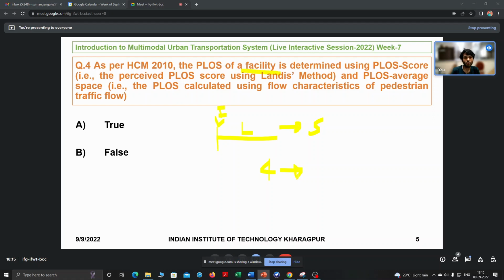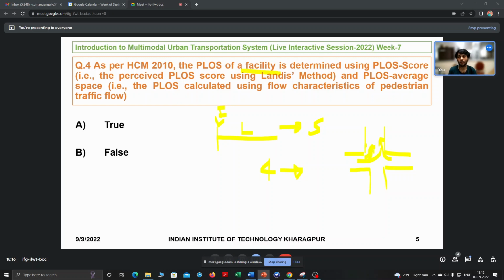If you remember how to calculate a link, complicated formulas are given, right? For an intersection, you need to know what the traffic flow is from each direction, and if channelization is available, what the number of lanes is.